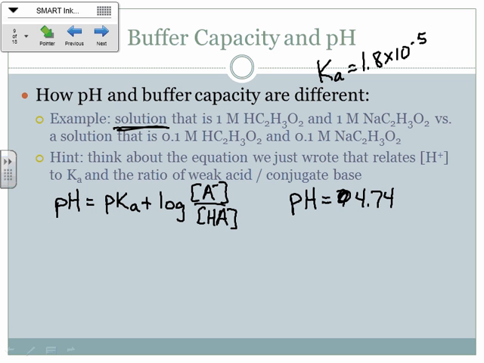So again, these are equal, so again the whole expression cancels out. pH equals pKa. We're working with the same Ka. So for the second solution, the pH is also going to be 4.74. Well, how is that? I mean, these are two different concentrations, right? How do they end up giving me the same pH value?